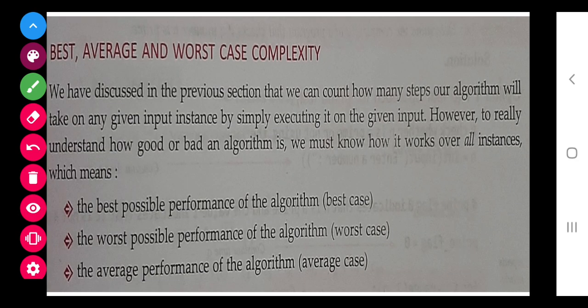Now class, your next topic is best, average and worst case complexity. Best is the least time: the time taken by the program is very low, then it is the best.